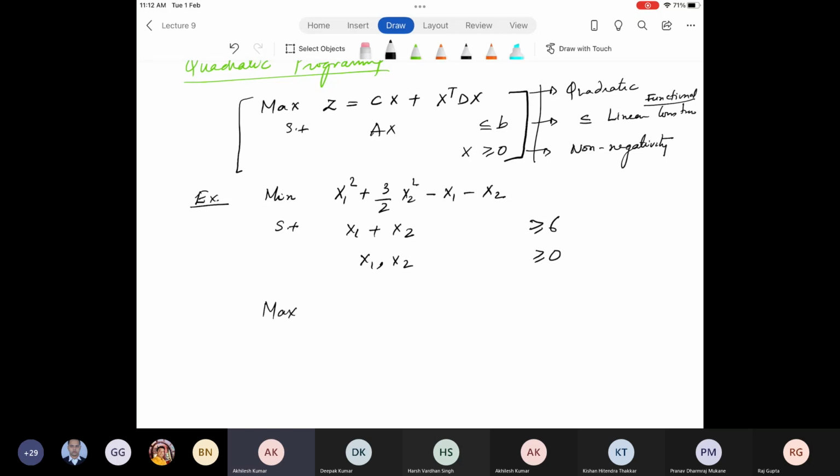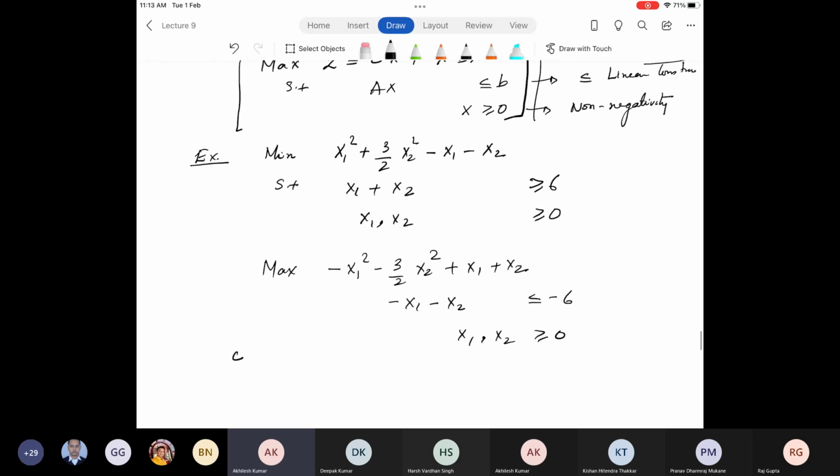Maximize minus x1 square minus 3 by 2 x2 square plus x1 plus x2, multiplying by a minus sign, with minus x1 minus x2 less than or equal to minus 6, and x1, x2 greater than or equal to 0. Now I have put it in the standard form for quadratic programming.